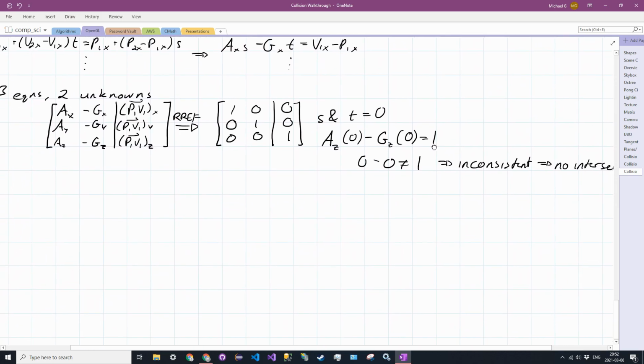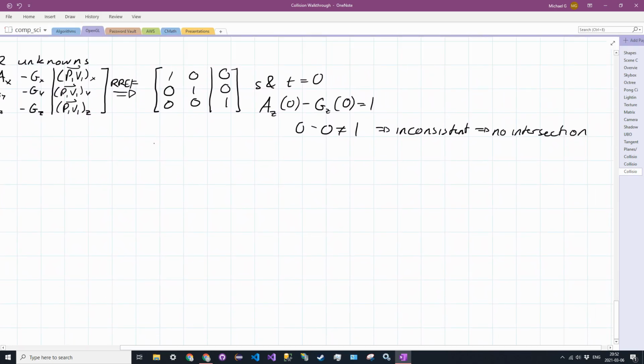Now the other possibility is that we have a consistent system here. Same result in the coefficient matrix, however, the constant matrix will give us s and t, respectively. And there has to be a 0 in that bottom row. So, once again, we perform the same exact checks. However, we do have to have one more check here. We need to make sure that t and s are between 0 and 1.